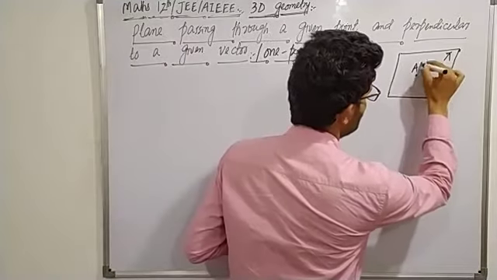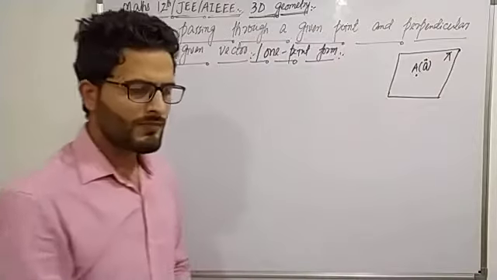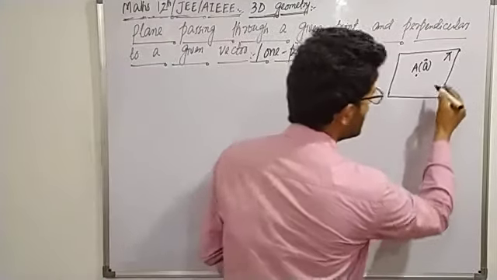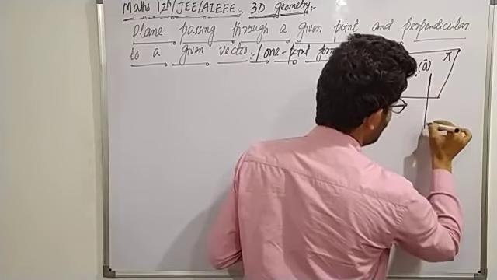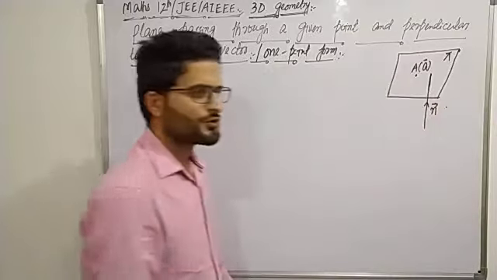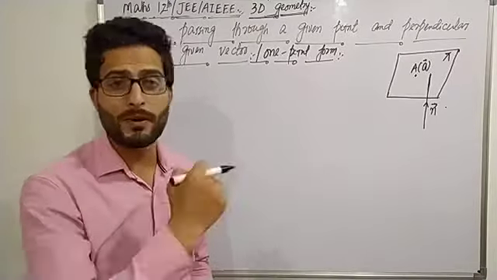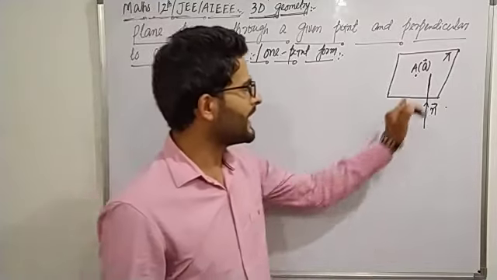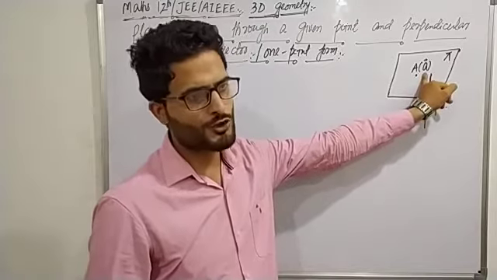Suppose that given position vector is small a vector, and let a perpendicular be drawn onto the plane, and let that perpendicular be denoted by vector n. So vector n is that sort of vector which is perpendicular to the plane, and that plane is passing through a point A with position vector small a.